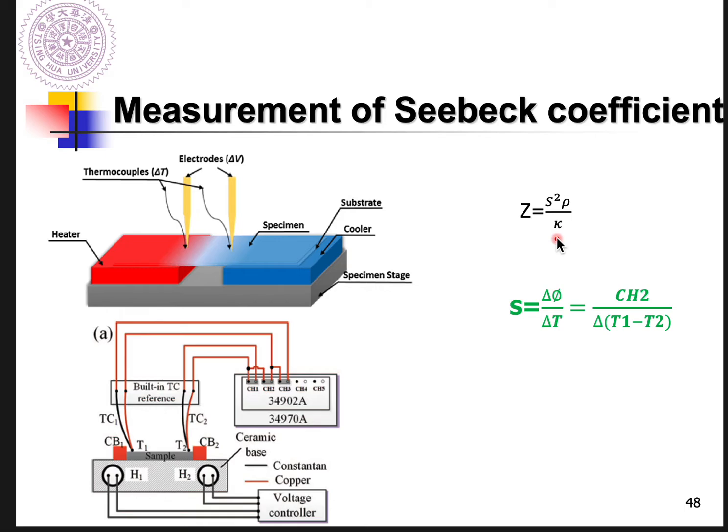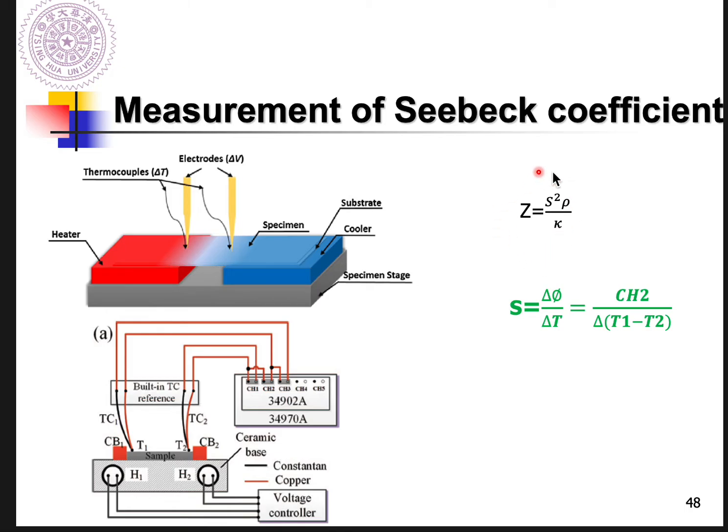For example, a metal has a higher electrical conductivity, but also higher thermal conductivity. So metal is not a kind of thermoelectric material, because for metal, if you get a higher electrical conductivity, it usually accompanies larger thermal conductivity, right?